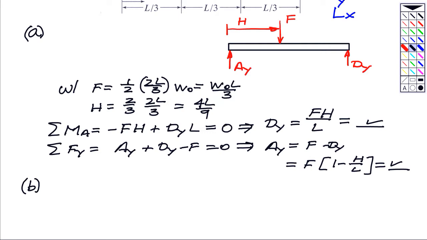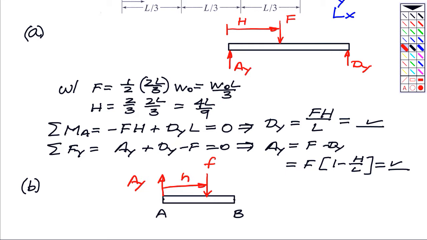For part B, what I'm going to do, as I suggested, was do a cut through the beam at B. So what I'm going to be showing here is a section of the beam which extends from A over to B. The forces I have on this is going to be that reaction AY that I found there in part A. We have a resultant force which I'll call lowercase f at a distance of lowercase h from the left-hand side.